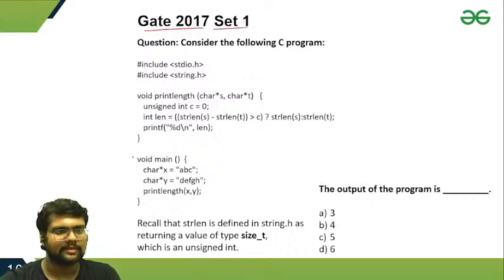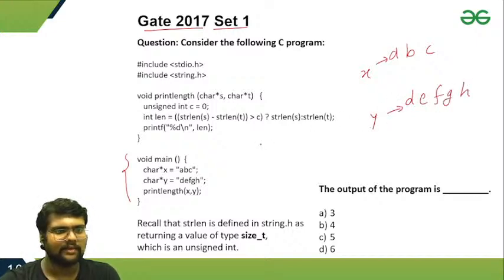a program. Okay, so in the main function we have two strings, abc and defg. So we have abc, which is pointed by x, then we have defg, which is pointed by y.